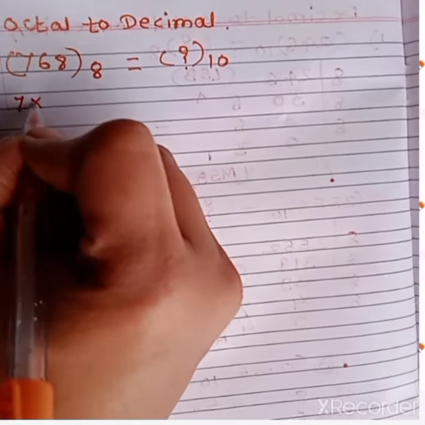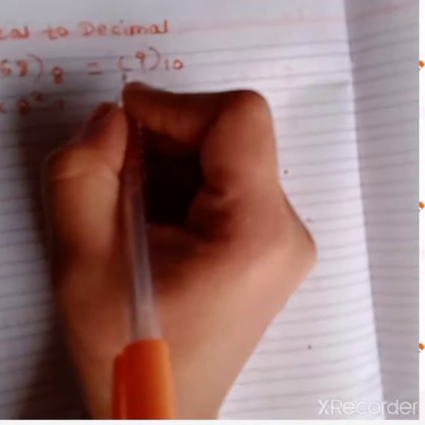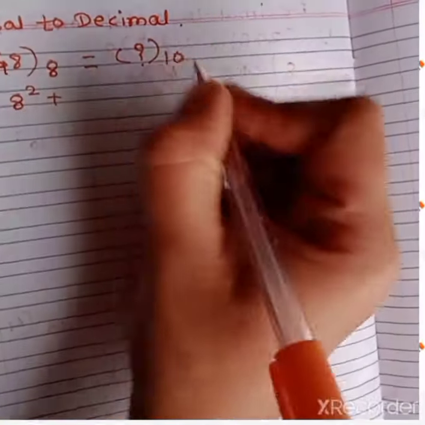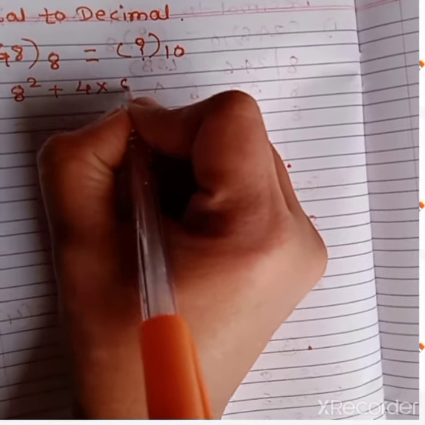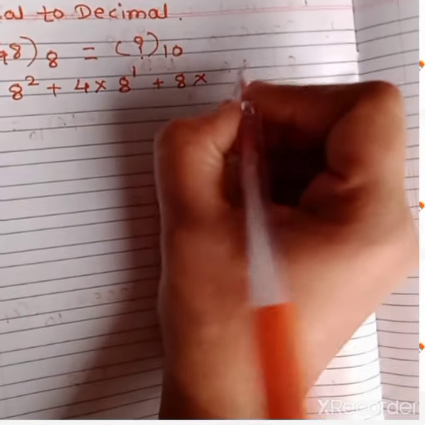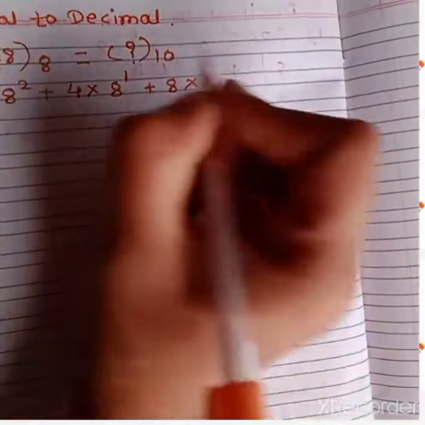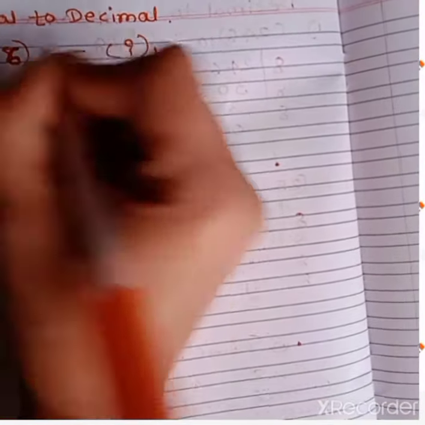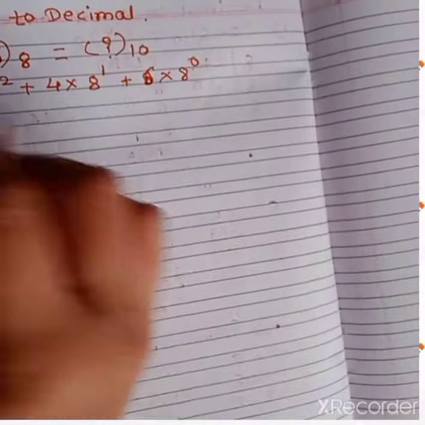So 7 multiplied by 8 raised to 2 plus 4 multiplied by 8 raised to 1 plus 6 into 8 raised to 0.